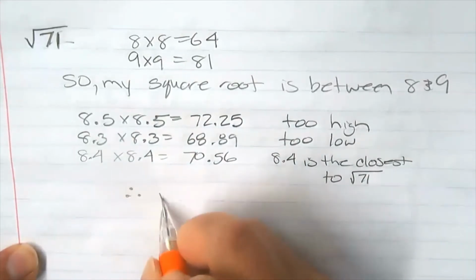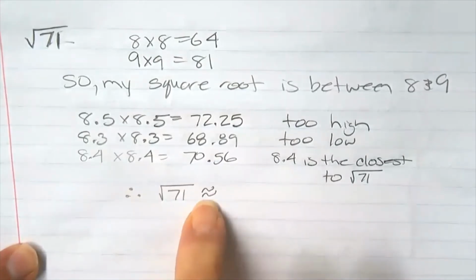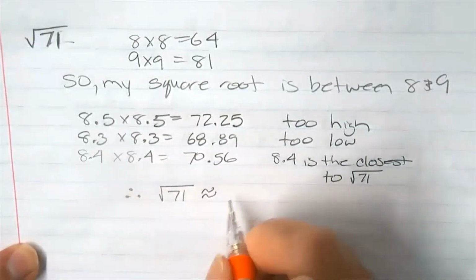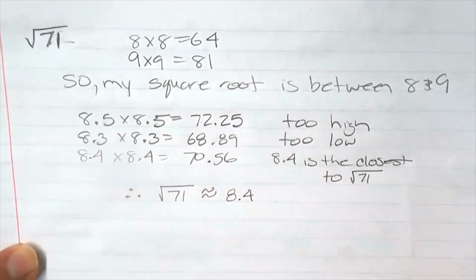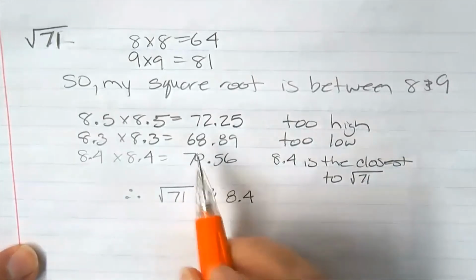Therefore, the square root of 71 is about 8.4, because it's the closest to 71.